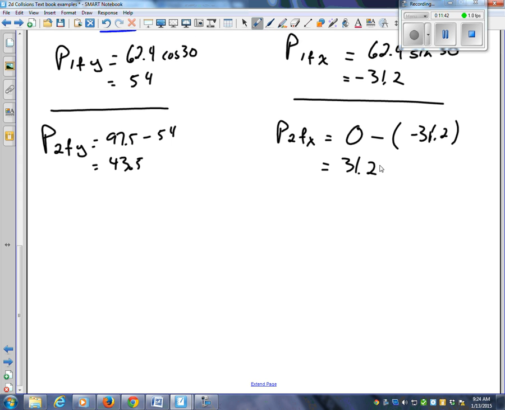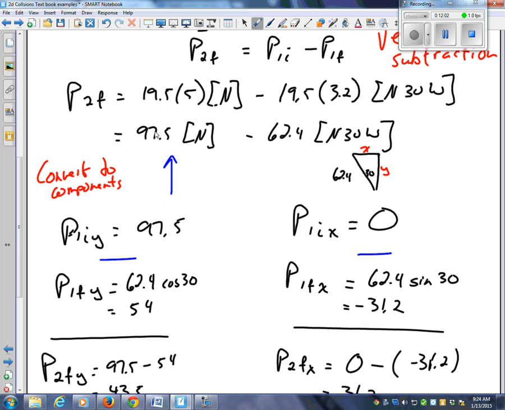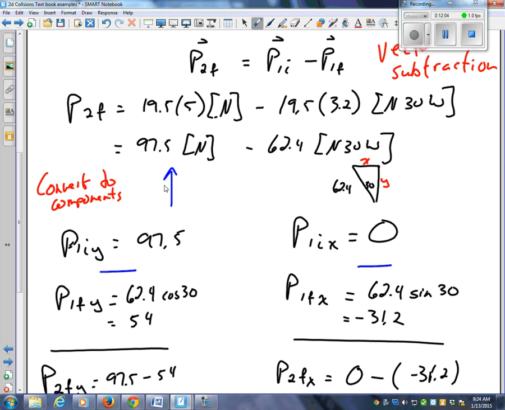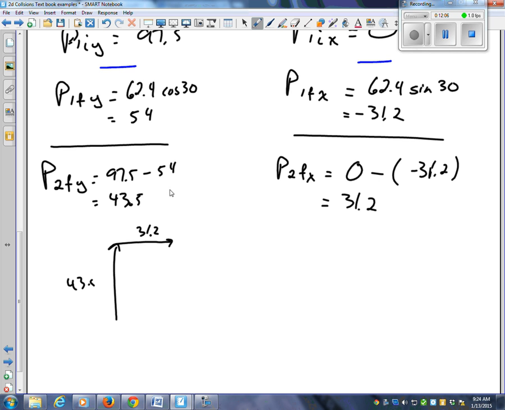Convert these components to a single vector. So 43.5 is the y component, and the x component is 31.2. And this is the, what color was my original rock? The blue one. This is the blue rock traveling that way, which is what we said, right?